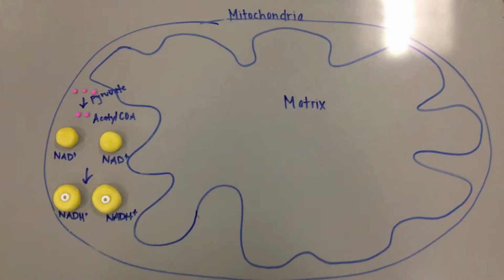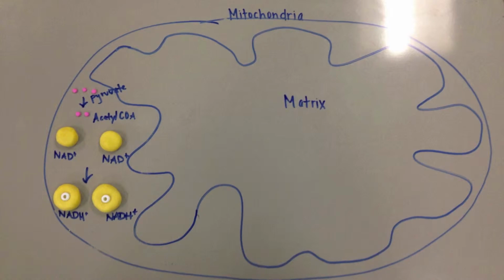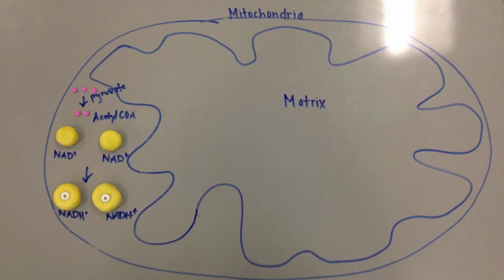Here we have what is called the link reaction. It's in between the mitochondria membrane, and this is where we have our pyruvates that came in from the cytoplasm, inside the membrane.